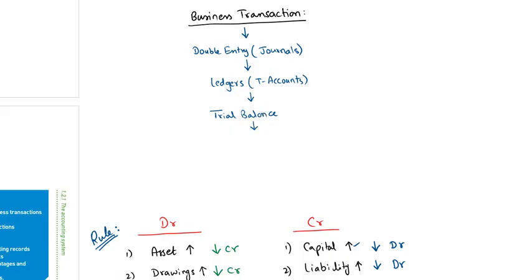From trial balance, we will make two main important documents in our accounting. The first is the statement of comprehensive income.